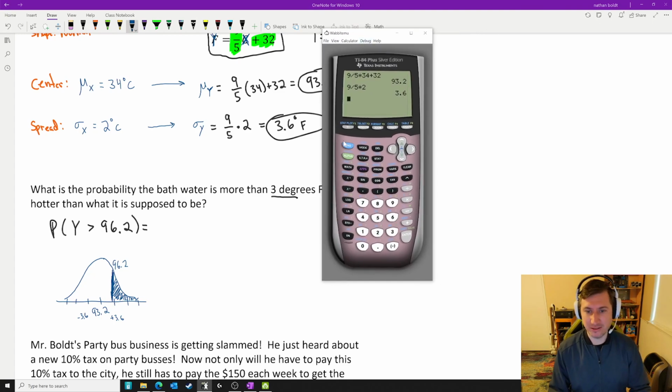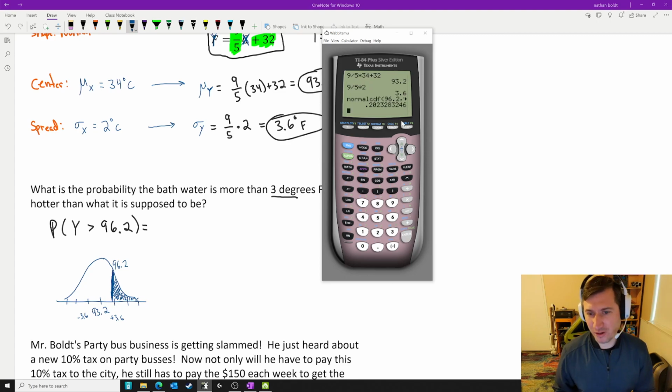Mine on my computer is a little bit different than yours, but I'm still finding normal CDF. The lower is 96.2. The upper is infinity, so 9999999. The mean is 93.2, and the standard deviation is 3.6.